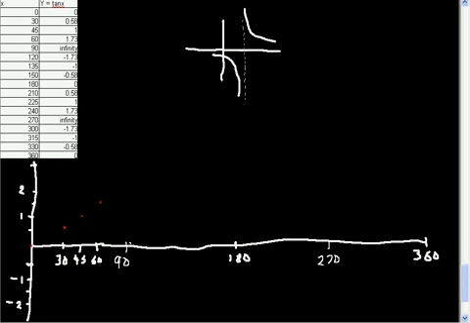It never reaches infinity at a given point. So a graph like this would be y is equal to 1 over x minus 2. At x equal to 2, the asymptote is drawn. That dotted line is called the asymptote.